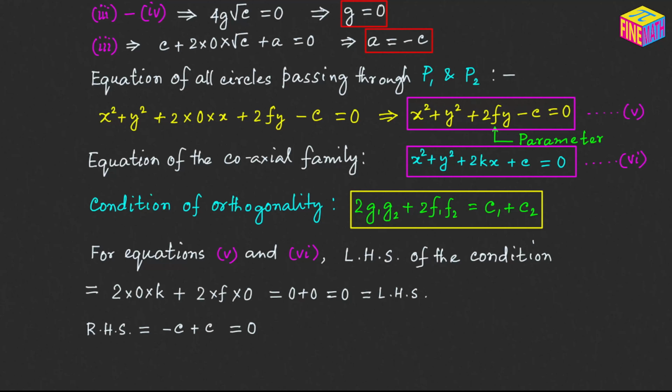That means both the left hand side and the right hand side, they are equal. That means the condition of orthogonality is satisfied for equation number 5 and 6. That means any circles represented by equation number 5 will cut every circle represented by equation number 6 orthogonally.